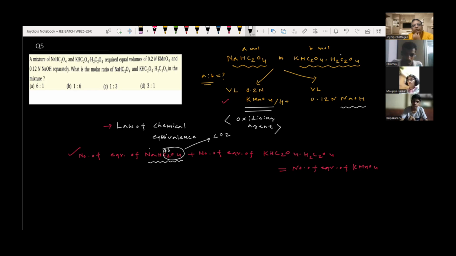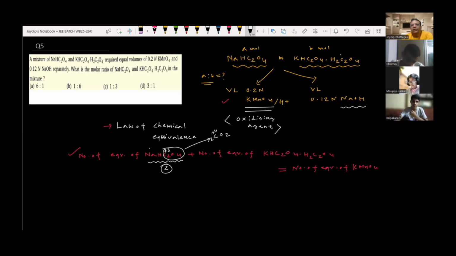Here 2 carbon atoms, going from +3 to +4. If we take one molecule, 2 carbon atoms are there, so the N factor will be 2. Are you getting my point, all of you? Yes, sir.